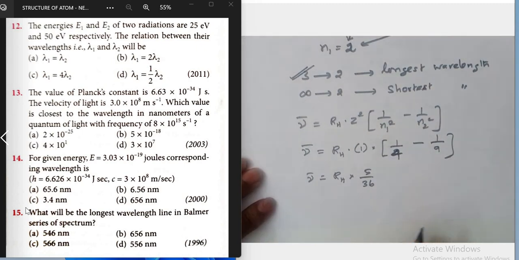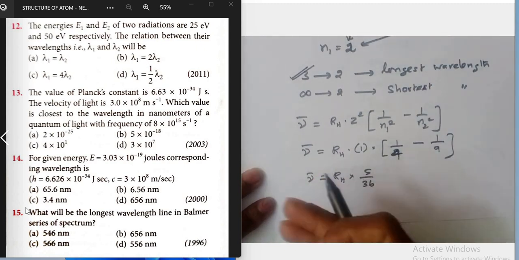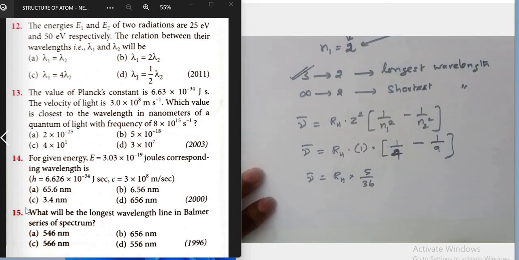You know very well, the reciprocal of wave number is wavelength. Nu bar is nothing but 1 by lambda. So 1 by lambda is equal to RH into 5 by 36.